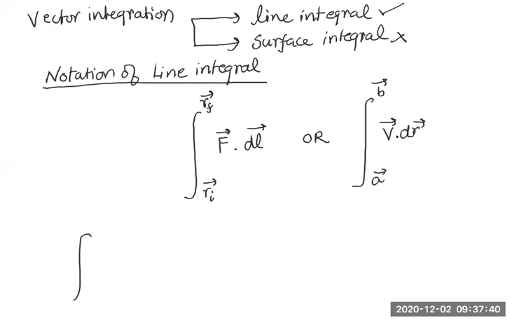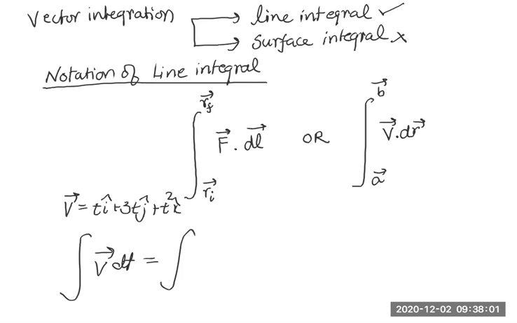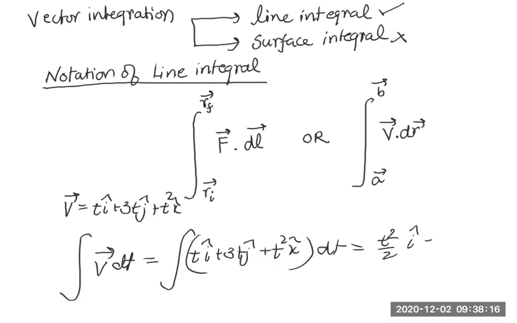Integration of dv/dt, which is equal to integration of the velocity vector, which is something like t i cap plus 3t j cap plus t square k cap dt, which is equal to t square by 2 i cap plus 3t square by 2 j cap plus t cube by 3 k cap.